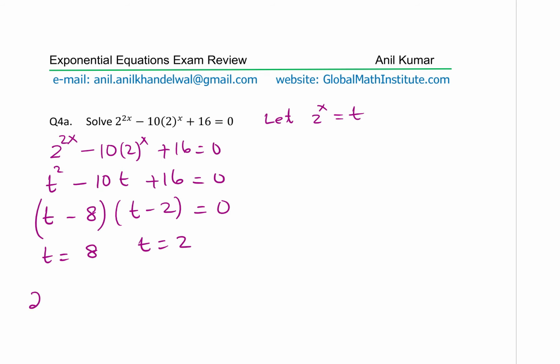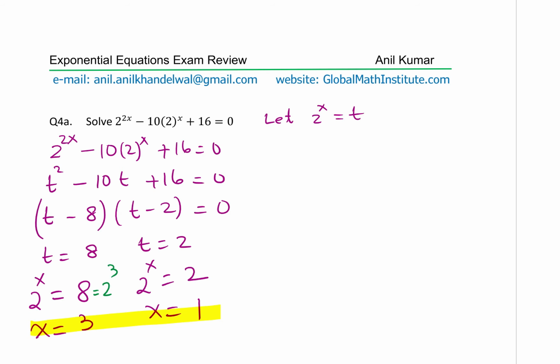So t was 2 to the power of x, so we can write 2 to the power of x is 8 and 2 to the power of x is 2, and that gives you the answer as x equals to 3 and x equals to 1. Perfect. So we get our solution, which is x equals to 3 and x equals to 1. So I hope it is clear why it is so. Because 8 is 2 cubed and 2 is 2 to the power of 1. Perfect. So that is how you're going to do it.